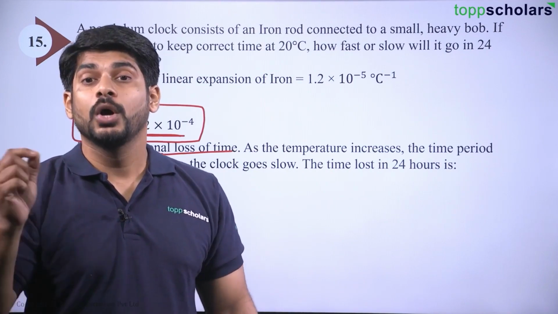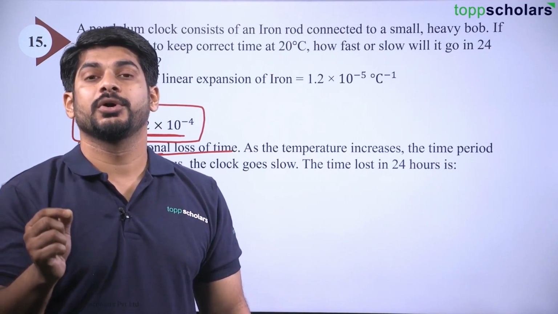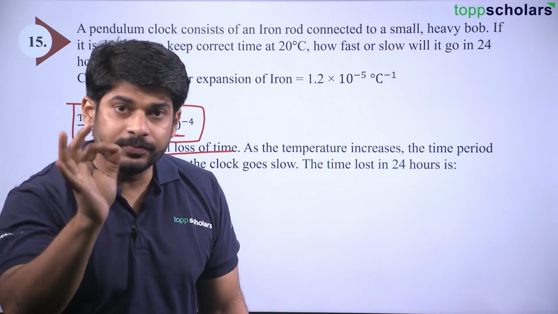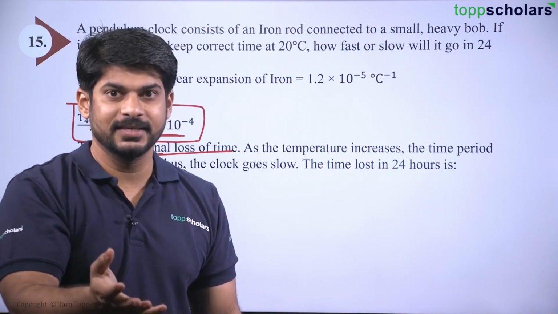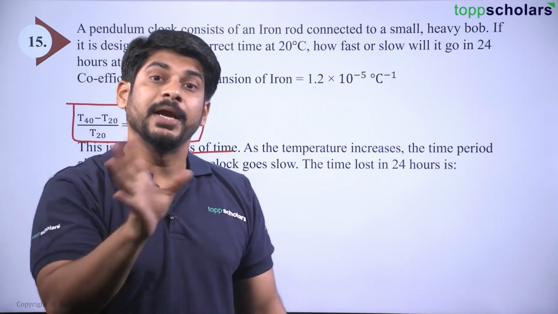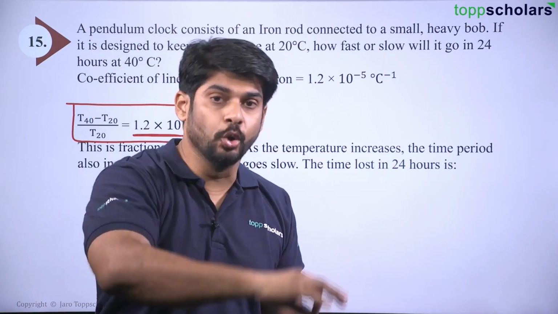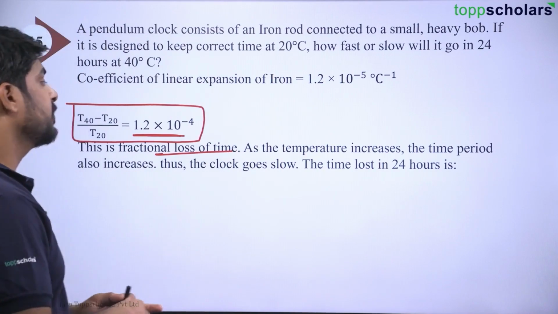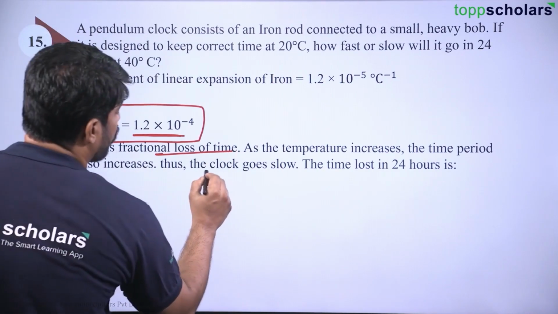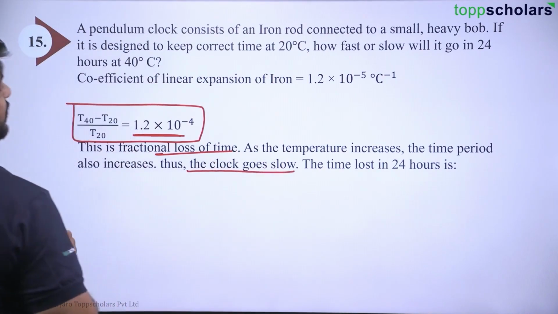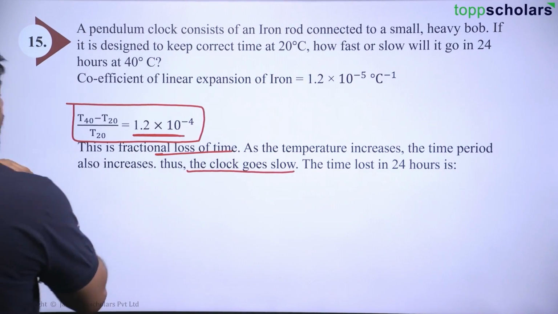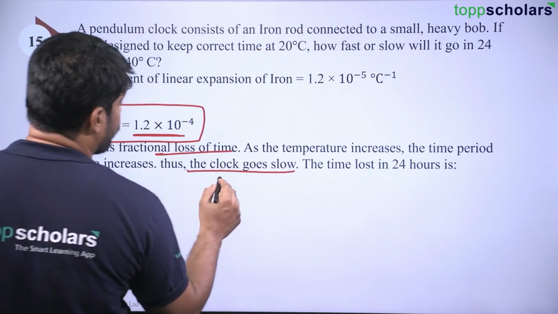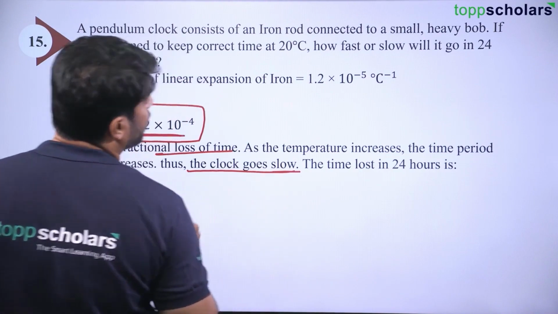The time required for one complete oscillation. So the time for one oscillation will increase, that means the pendulum will become slower, and therefore the clock will also become slower. The time period has increased and therefore the clock goes slow.